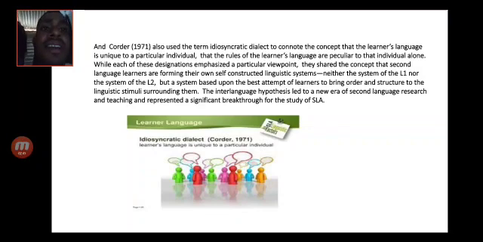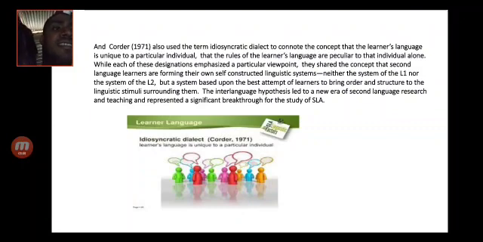While each of these designations emphasizes a particular viewpoint, they share the concept that second language learners are forming their own self-constructed linguistic systems.